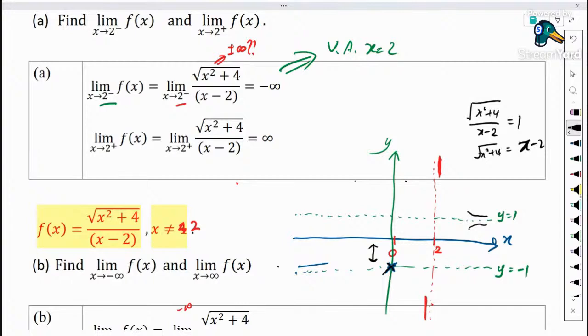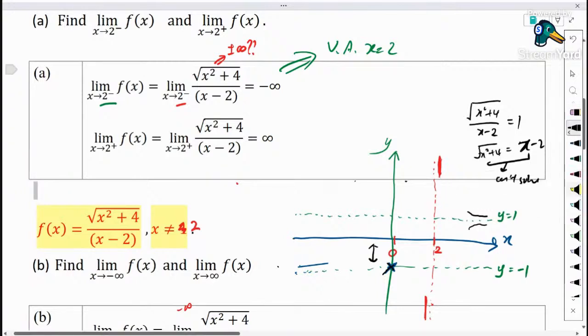Why? Because if this one can't be solved, that means the graph will connect like this only. This is the case of can't solve. If there is some x value that can be solved, then you will see the graph will connect the other way around.